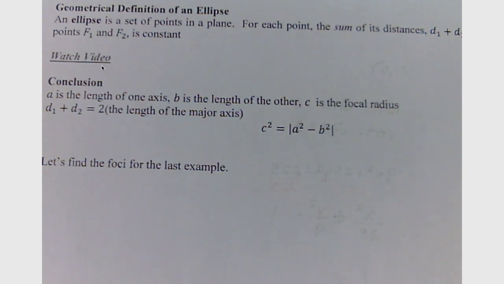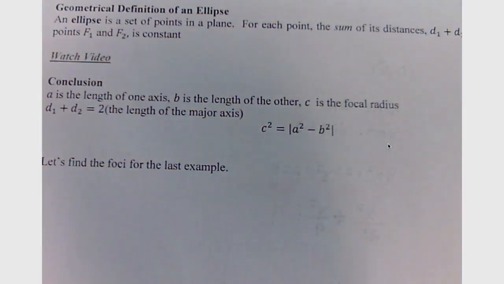I invite you to pause this and watch this video because it shows it really well. Now, the way we can find the foci is this formula: C squared equals the absolute value of A squared minus B squared.